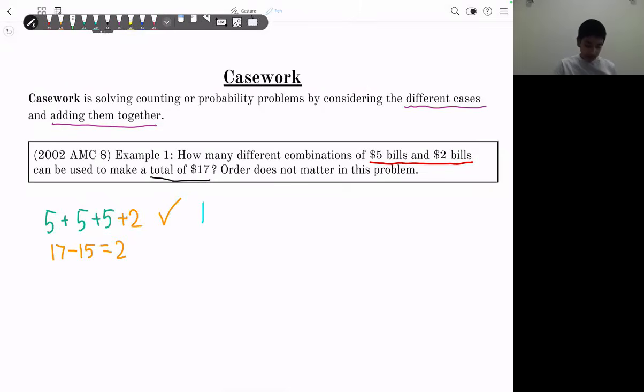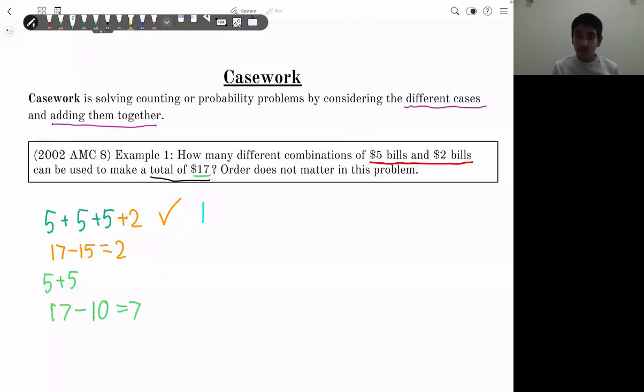Now, what about the case when there are only 2 $5 bills? So let's say we have 5 plus 5. Since the total again is $17, let's see how much we have left after we subtract the $10 from the $5 bills. Well, then there's $7 left. Can anyone tell me whether it's possible to make $7 out of $2 bills?